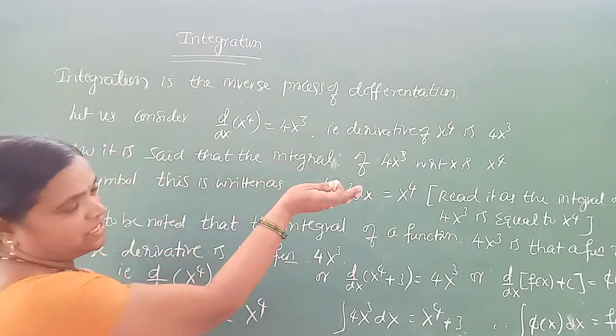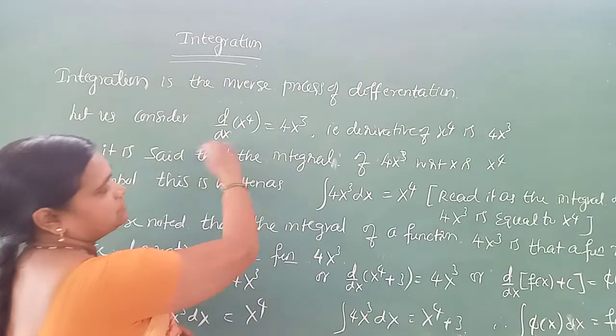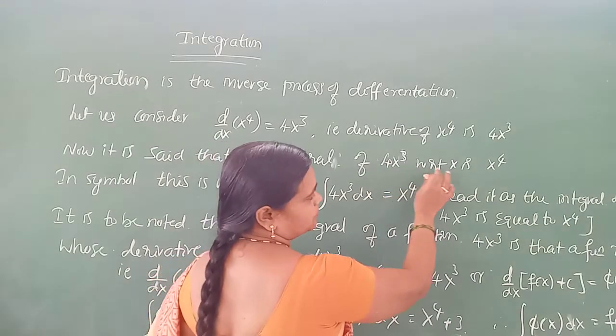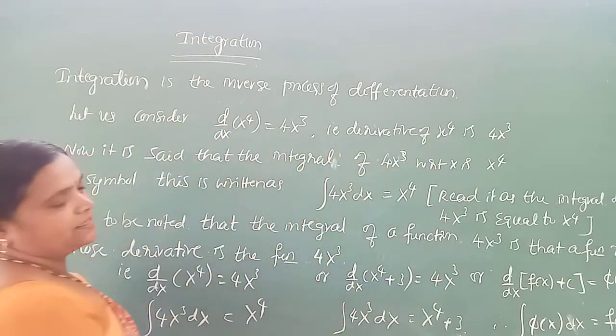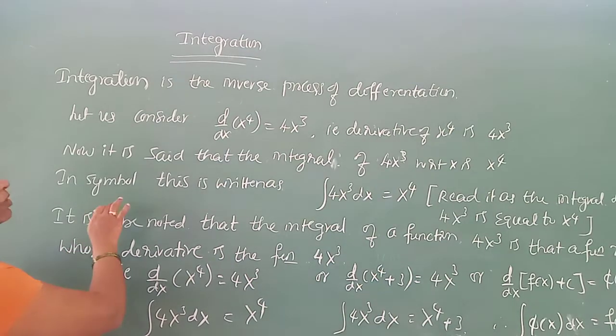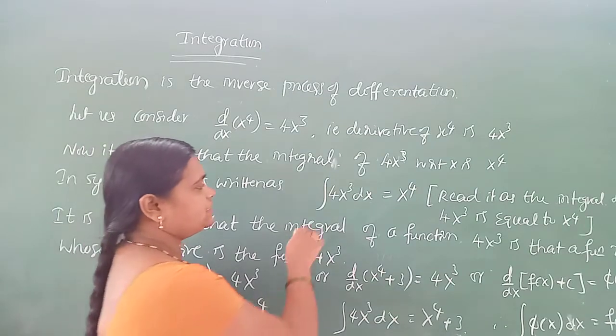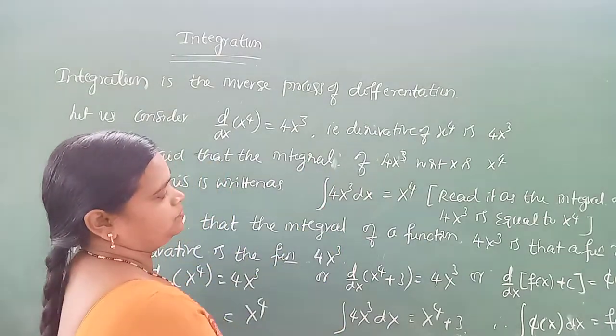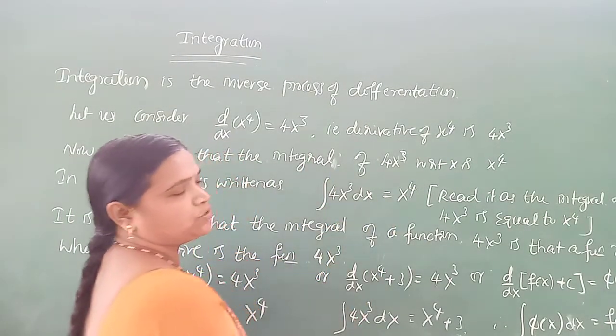Now the reverse: the integral of 4x cube with respect to x is x to the power 4. In symbols, this is written as integration of 4x cube dx is x to the power 4.